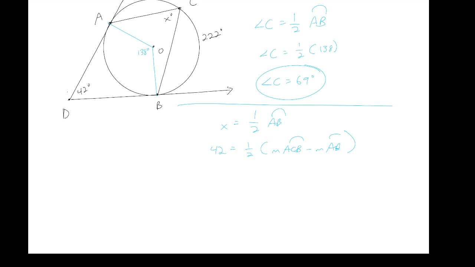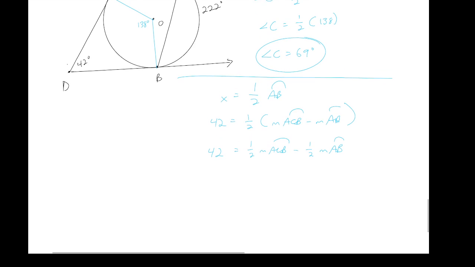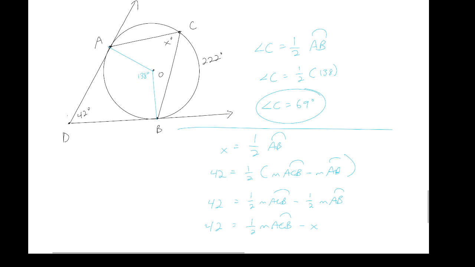Which, again, we have 42 is equal to 1/2, if you effectively distribute, ACB times 1/2 AB. But remember what 1/2 AB is, right? It's just x. So effectively what I'm saying is that 42 is equal to 1/2 of the measure of ACB.